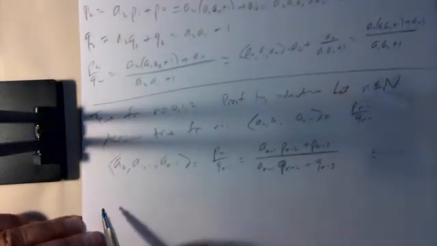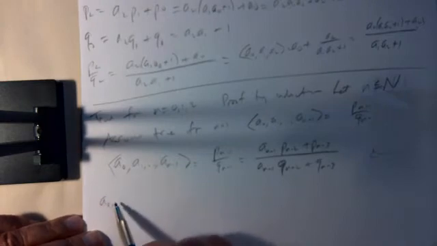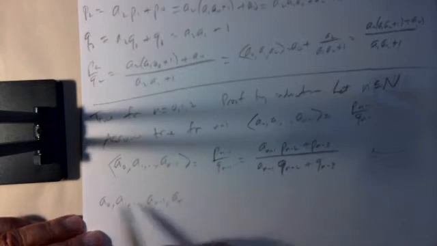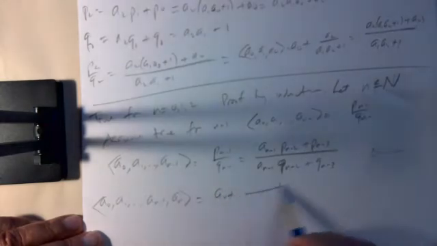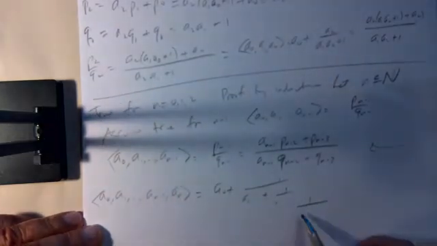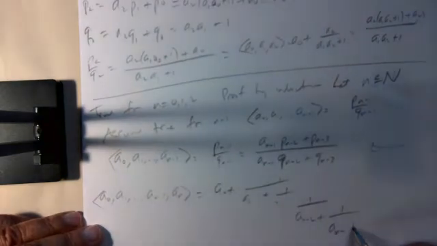And now we make the following very important observation. If I take the continued fraction a0 up to a n minus 1 up to a sub n, what is that? That's a0 plus 1 over a1, and we keep going, we get 1 over a sub n minus 2 plus 1 over a sub n minus 1 plus 1 over a sub n.